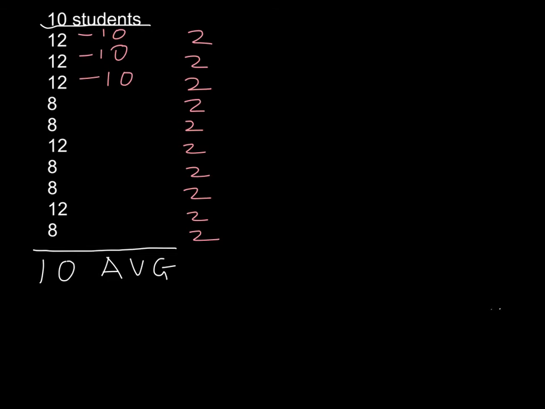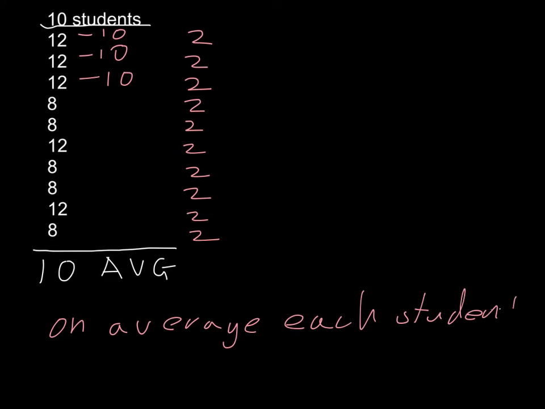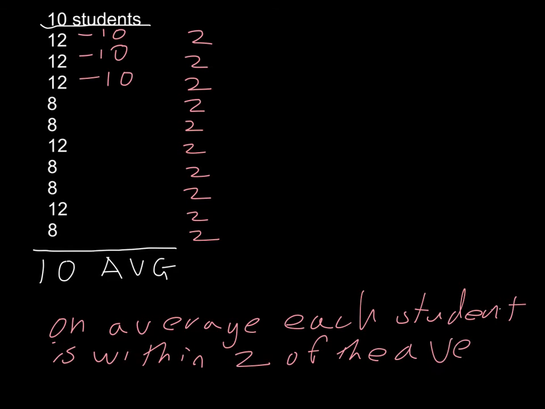And if I took the average of these numbers right here, I would find that on average, each student is within 2 of the average.